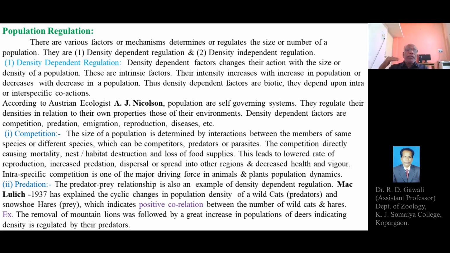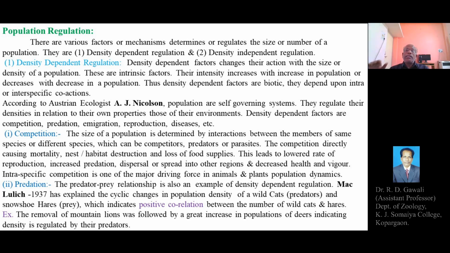Then increased predation, that is, predators will feed upon the smaller organisms or the prey. Then increased dispersal, or the spread of the organisms into other regions, that is emigration and immigration.